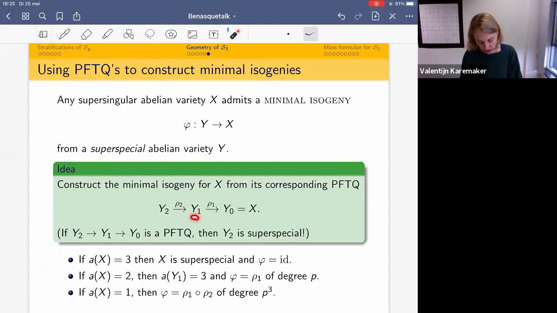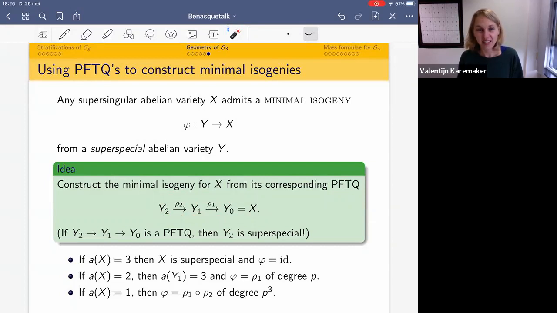So this one is already superspecial, and so this first part of the flag type quotient is then the minimal isogeny. Whereas if the a-number is 1, which was the generic case, then we need the full flag type quotient for our minimal isogeny. So those are all the results that we'll need.